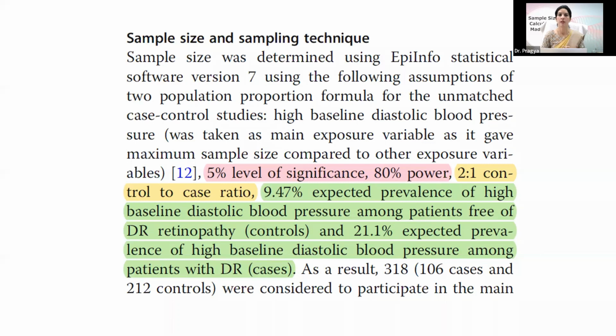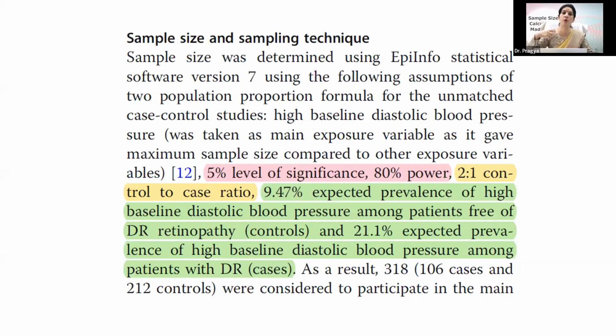So if you have got more than one exposure, like in this case, that person with diabetic retinopathy may have more than one exposure, maybe the age, hypertension, or some other exposure. In that case, you should take that exposure which is giving the highest number of samples, because if you calculate with the highest sample, then the other hypotheses will also be tested.